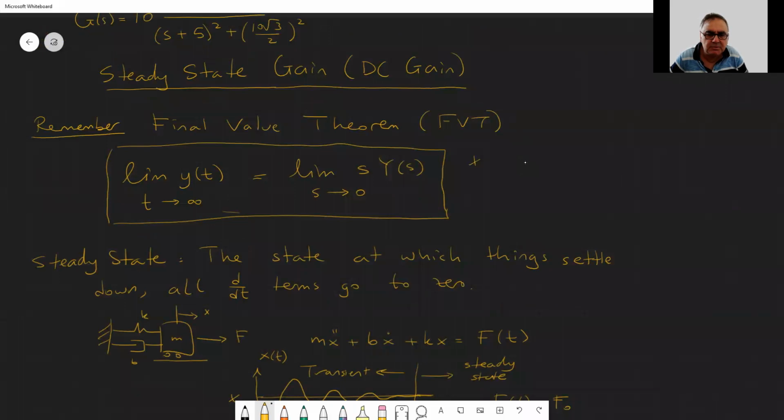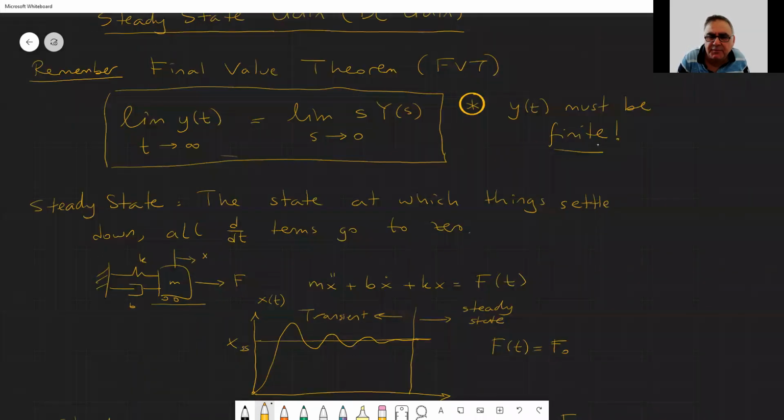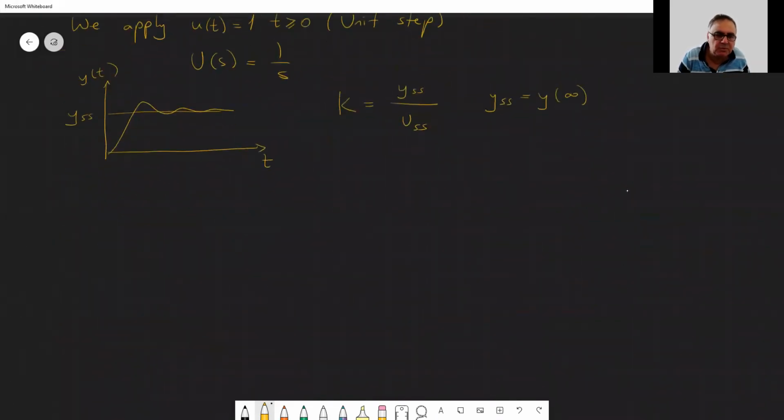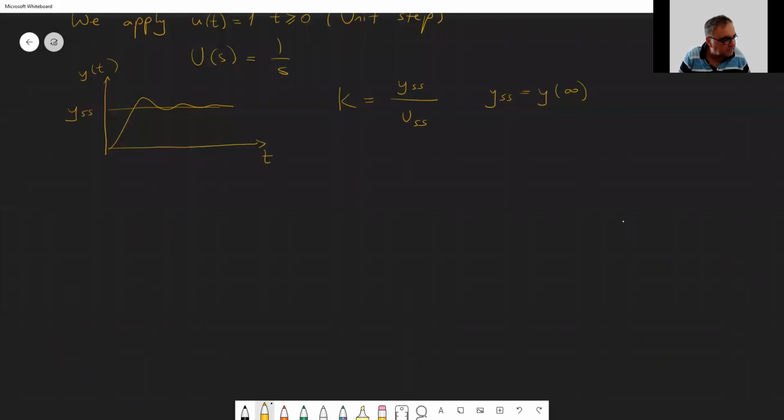A very important thing is that if you want to use the final value theorem, the y of t must be finite, which means that the system generating y of t must be stable. If you don't have that, you cannot use the final value theorem.